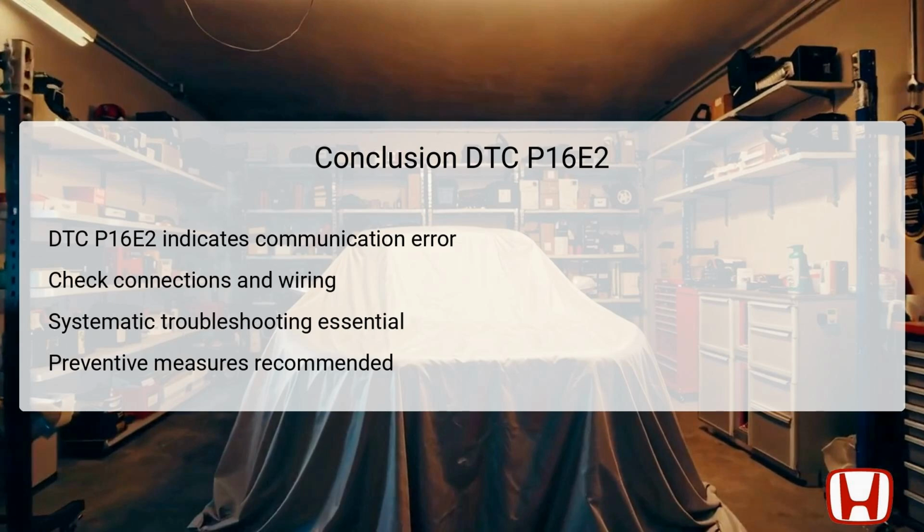Properly addressing this DTC will facilitate improved performance and reliability for the Honda Accord Model 2023 and beyond. Moreover, preventive measures can play a pivotal role in maintaining optimal vehicle health and reducing the chances of future communication breakdowns. The knowledge and thorough understanding gained through this process ultimately contribute to the longevity and efficiency of the vehicle's function.